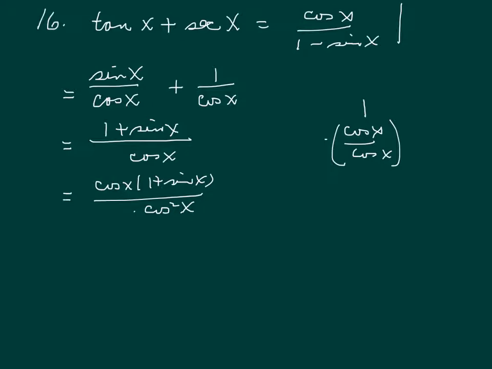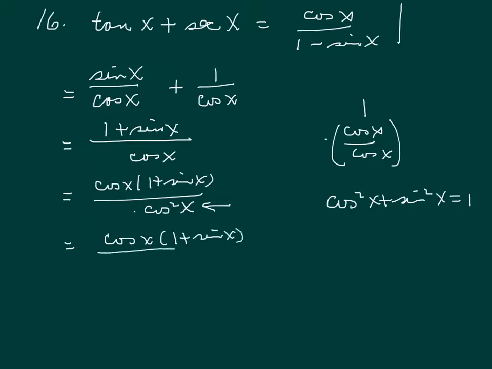But I recall that cosine squared x plus sine squared x is equal to 1. So I can change the bottom of this, leave the top the same, to 1 minus sine squared x from this equation. Cosine squared x would be 1 minus sine squared x.